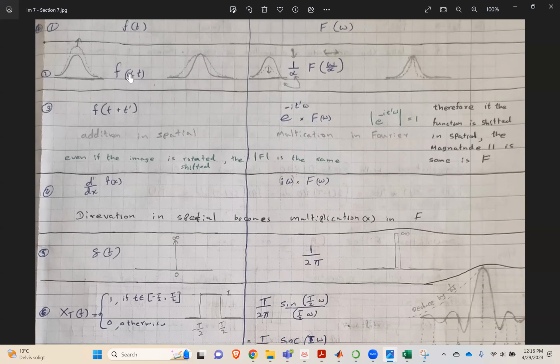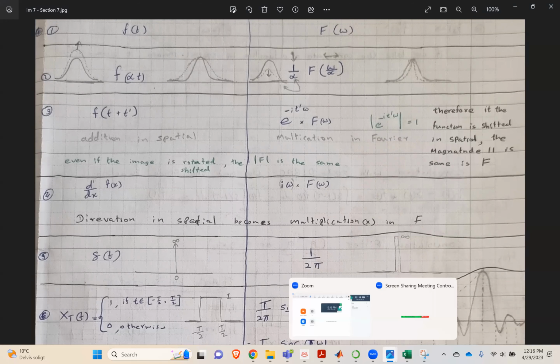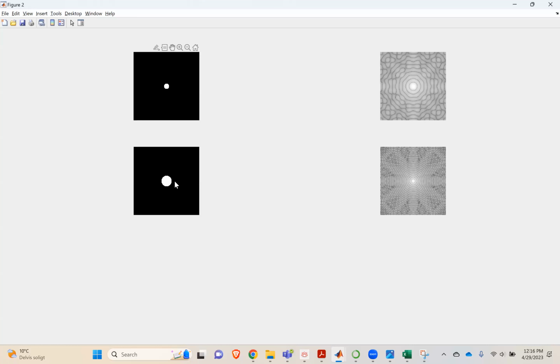If we increase in this domain, in the other domain it should shrink. In this domain we increase, and in the Fourier domain, it reduces in size. Yeah, this is the proof of that.